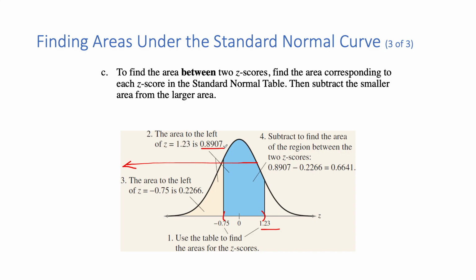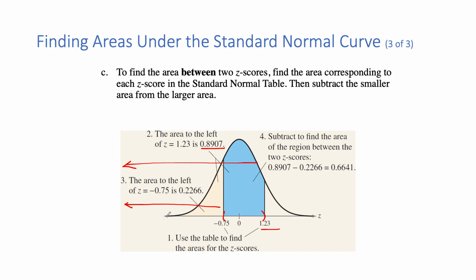So that I know. Then I go to the table again and look up the cumulative area for negative 0.75, and it turns out that the area to the left of negative 0.75 is 0.2266.